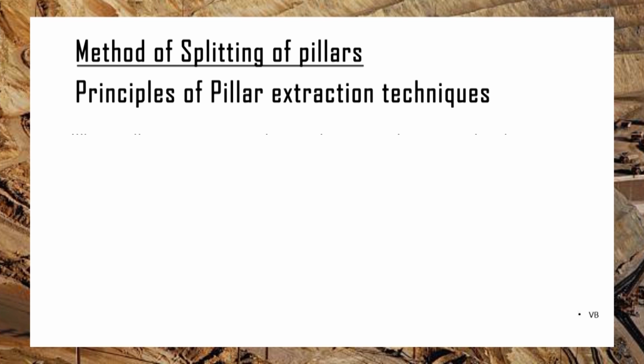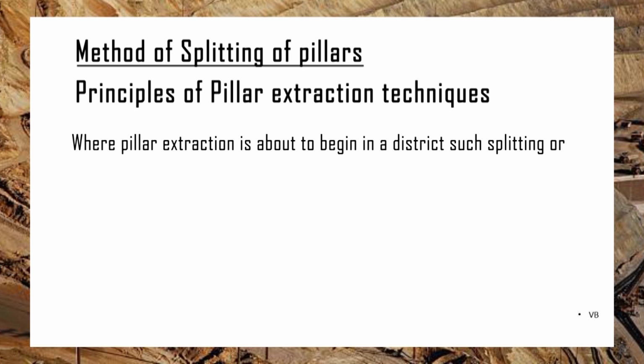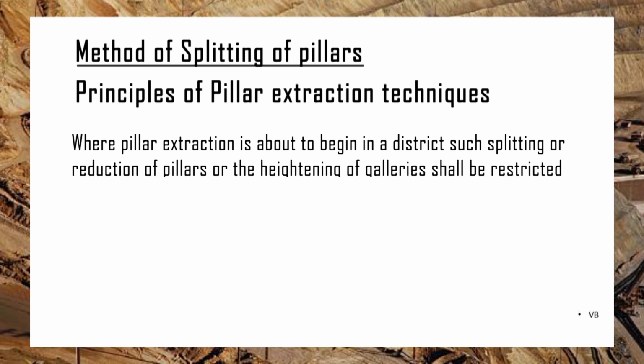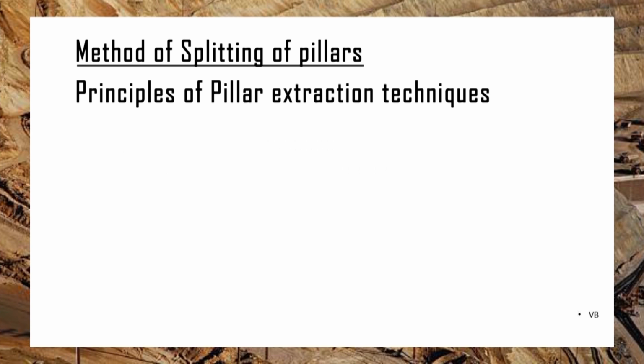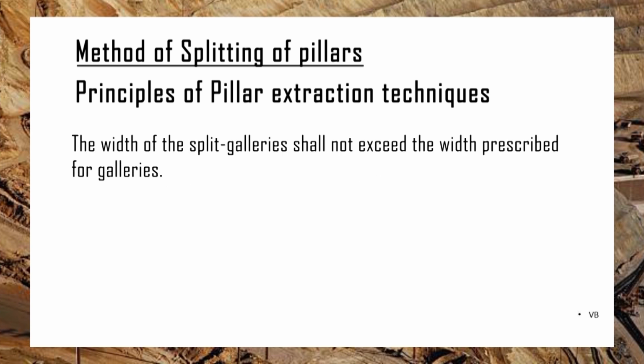Where pillar extraction is about to begin in a district, such splitting or reduction of pillar or heightening of gallery shall be restricted to a maximum of 4 pillars. The width of split gallery shall not exceed the width prescribed for galleries.